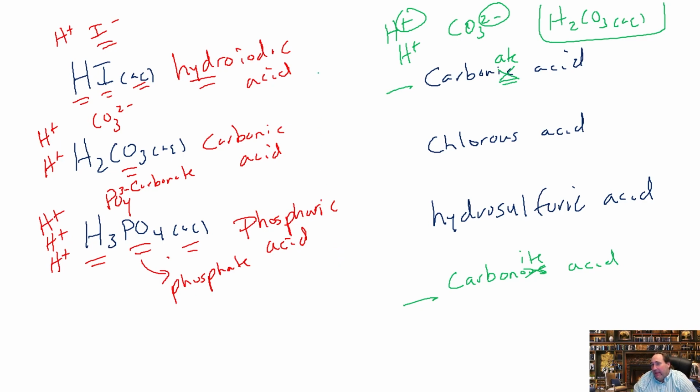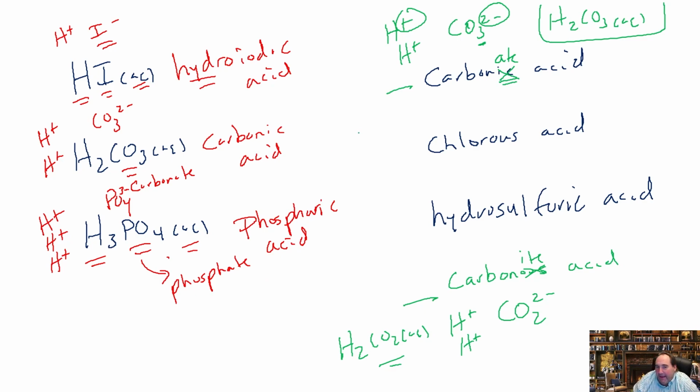And maybe we're not sure what that means, but we know carbonate is 3 and ate is more oxygens, which means I should have one less oxygen. And we would have our H plus, and we would need obviously two of those. And we would end up with H2CO2 as our acid name.